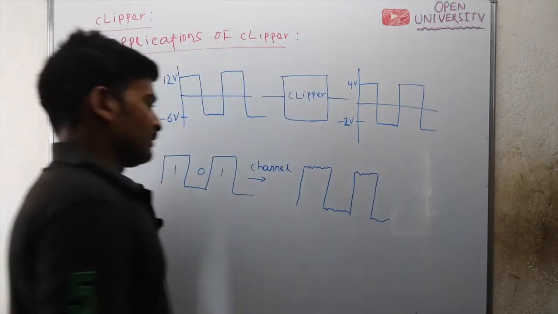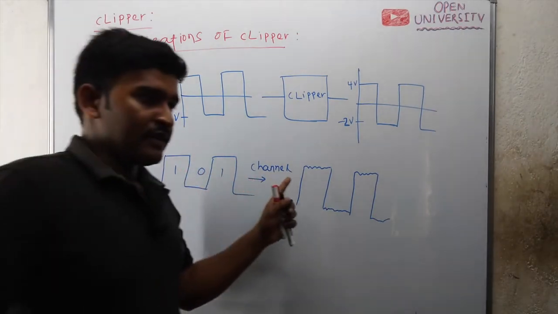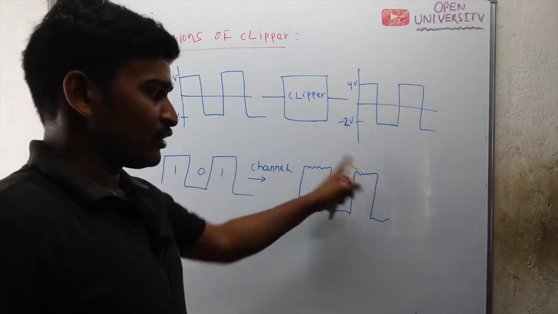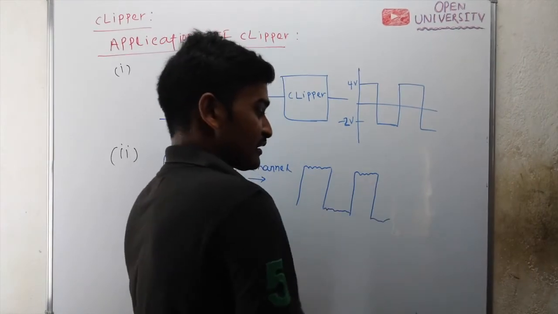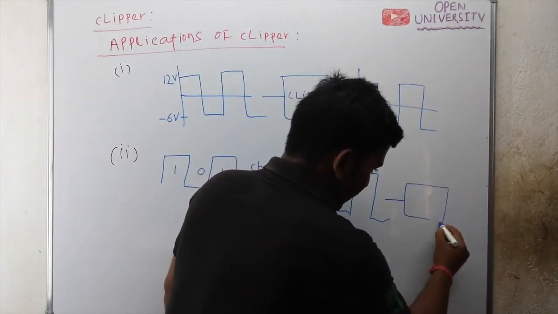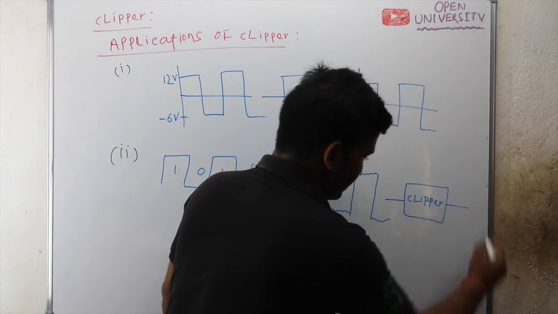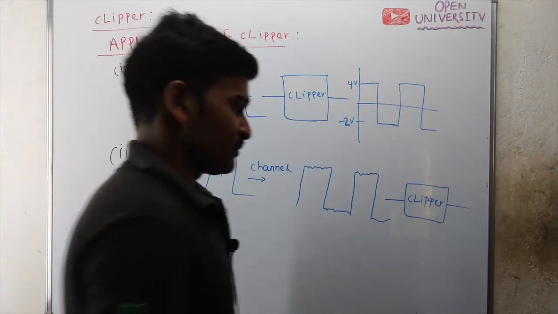When this signal is transmitted through the channel, noise will hamper this signal. In the channel you will get this type of signal. This is a noise interference signal. Now if we pass this signal to a clipper, it will remove this effect of noise from the signal.